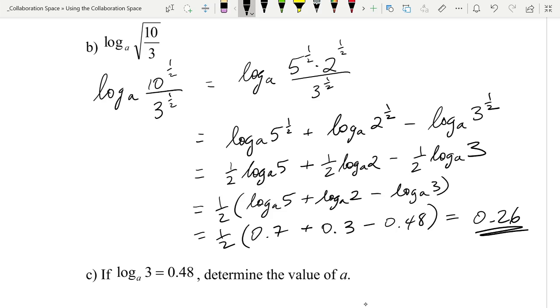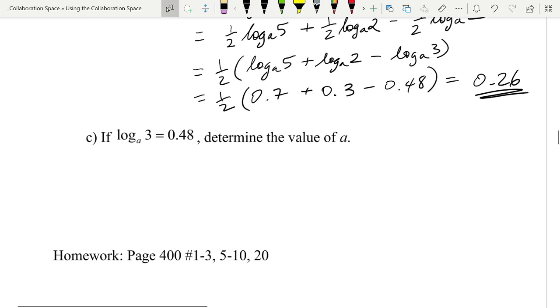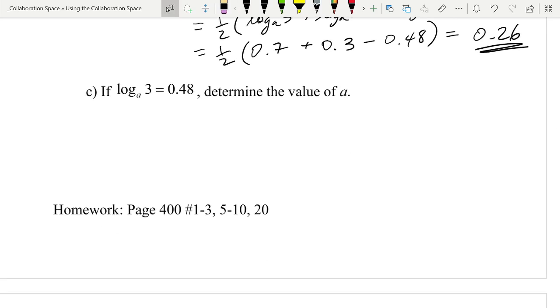All right, next. What am I going to do with that thing? Log to the base a of 3 is equal to 0.48. All right, well, I think I'm going to change that to exponential form just to look at it. So a to the 0.48 is equal to 3. Interesting.